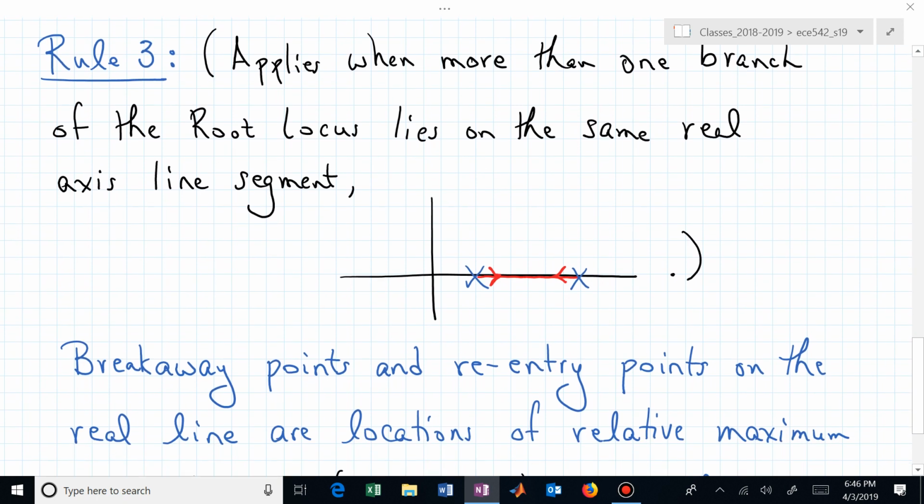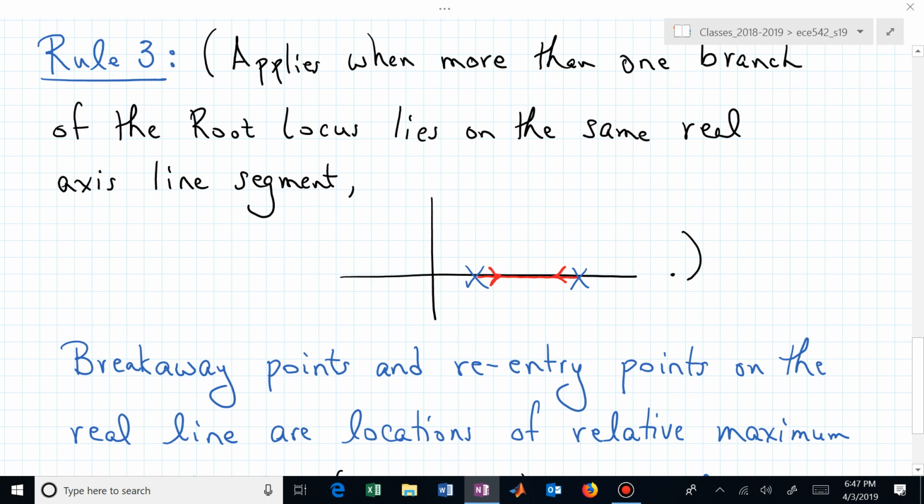What I want you to make sure you're clear on is we could have a real line segment that has multiple branches of the root locus on it. That line segment here contains 2 branches of the root locus. Even though it's one segment, we have one pole coming from the pole on the right and another closed loop pole coming from the pole on the left. So we have 2 poles, and they will meet in the middle.